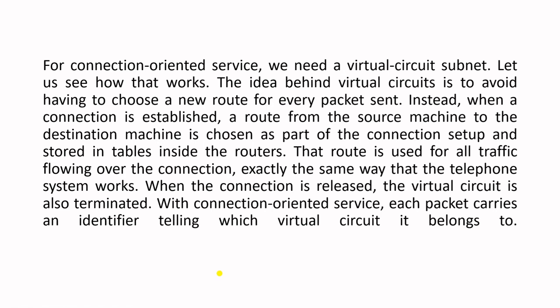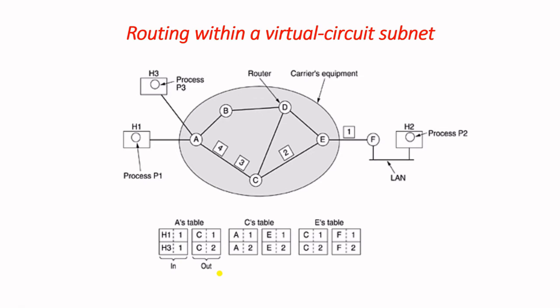That route is used for all traffic flowing over the connection, exactly the same way that the telephone system works. When this connection is released, the virtual circuit is also terminated. With connection oriented service, each packet carries an identifier telling which virtual circuit it belongs to.